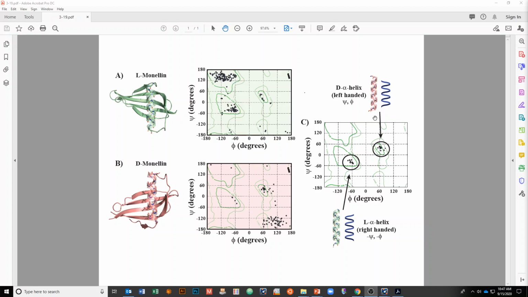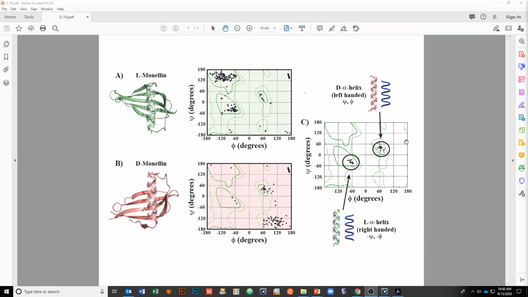If you look at the alpha helical components, your right-handed helix made from L amino acids would have coordinates that are both negative, so negative, negative, and in the left-handed helix built from D amino acids, those coordinates just move so that they become both positive. So my point in showing you this is not only can the Ramachandran plot be used to characterize alpha beta content, but it can tell you in some cases whether or not you have a right-handed versus left-handed helix too.